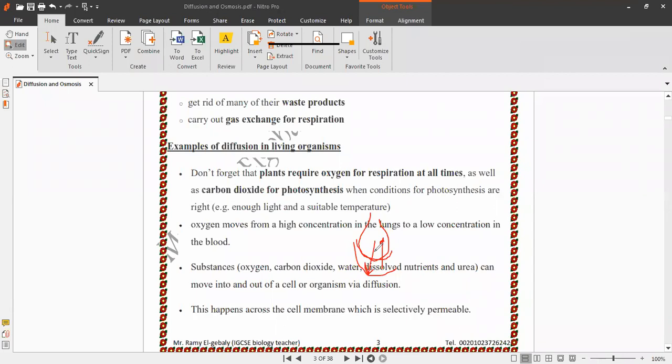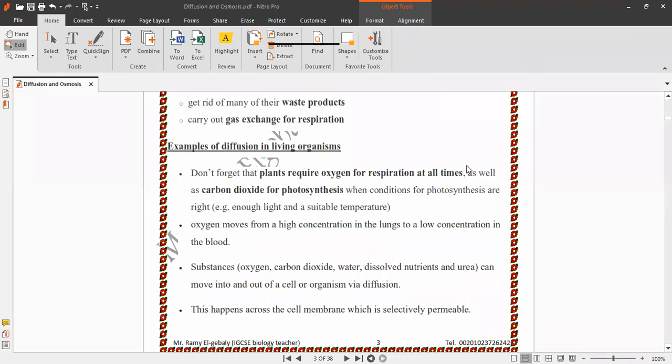Also substances like oxygen, carbon dioxide, water, dissolved nutrients, and urea can move into and out of the cell or organism through diffusion. All this happens across the cell membrane, which is selectively permeable, so it controls the movement of substances that enter or leave the cell.